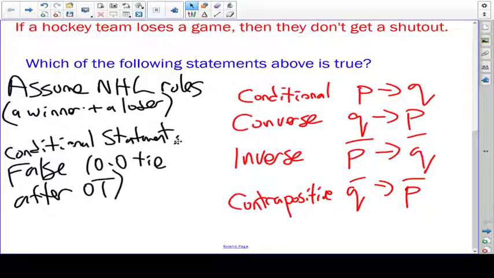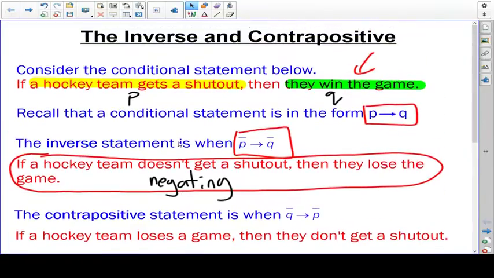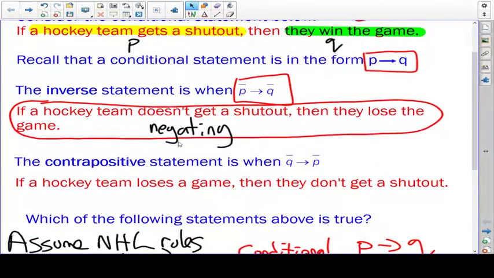All right, so the conditional statement is false. Now what we'll do is we'll assess the inverse and the contrapositive. So, the inverse is if a hockey team doesn't get a shutout, then they lose the game. Is that true? If they don't get a shutout, will they lose the game? No. You can win 7-6, right? You can allow 10 goals as long as you score one more than you allow, right? Or more than that.